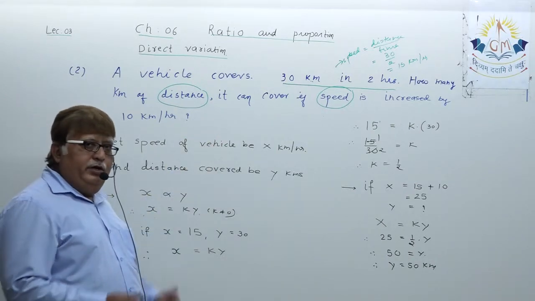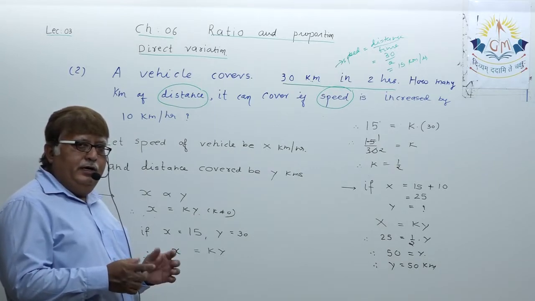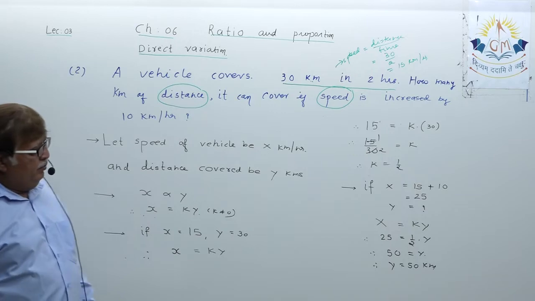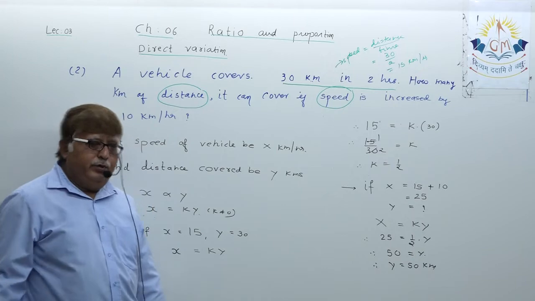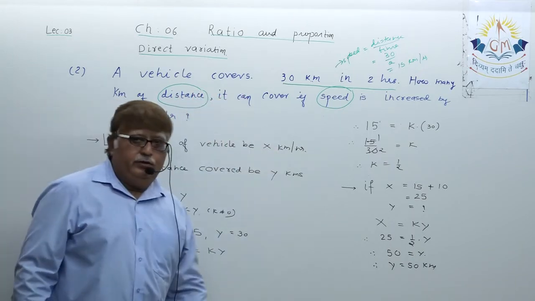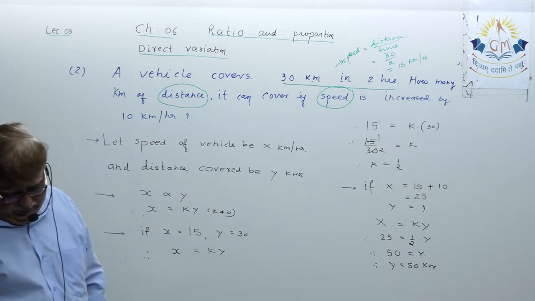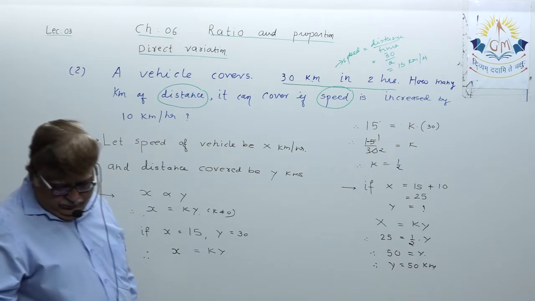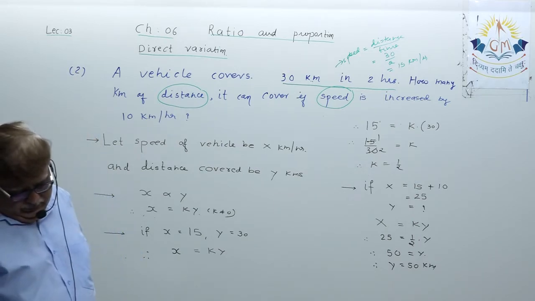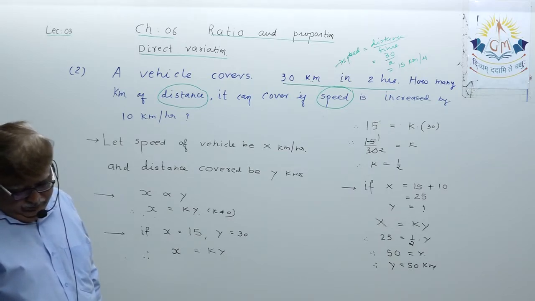And if the speed is increased, you have to think that there must be a relation between distance and speed. How to find the speed? You know, speed equals distance upon time. So this is the way you have to catch. First, you just look at the sum.